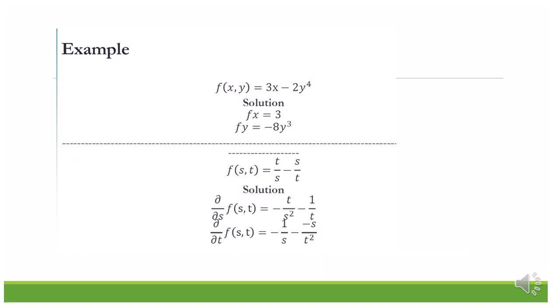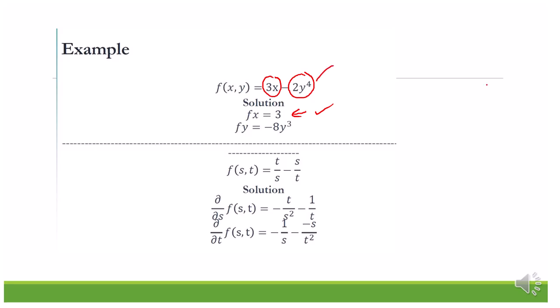Here we can see an example of the function (3x minus 2y) to the power of 4. The solution: fx is the differentiation with respect to x. So you can see here 3x will be 3, and fy will be, we take the 2y to the power of 4.